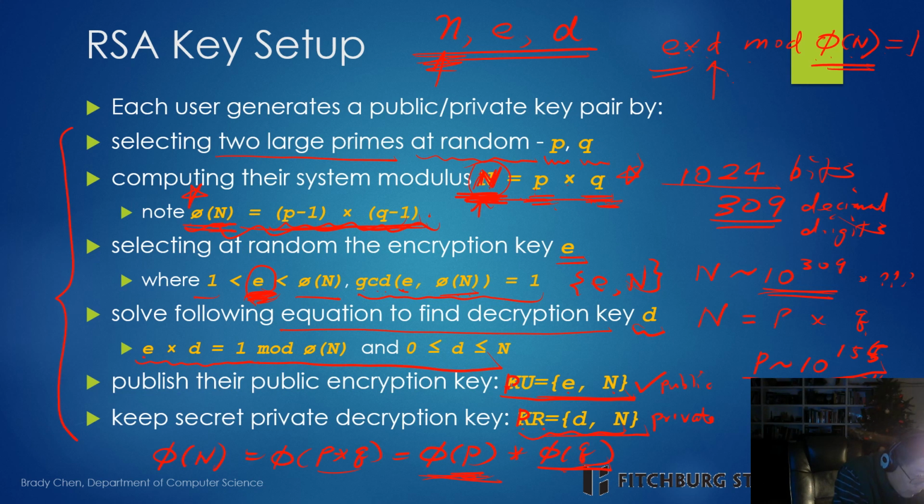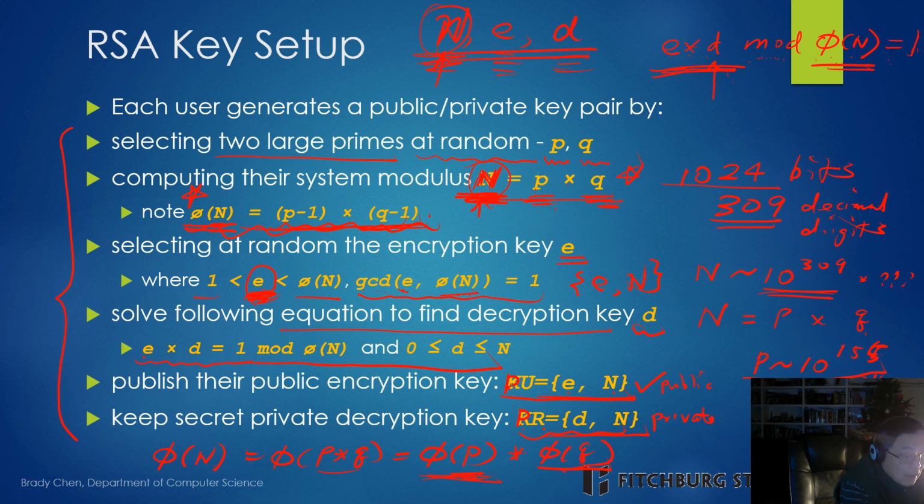Okay. So we find N, now using capital N, and we also find E and D. E and D are multiplicative inverses of each other, modulo phi of n. That means E times D modulo phi of n is 1.